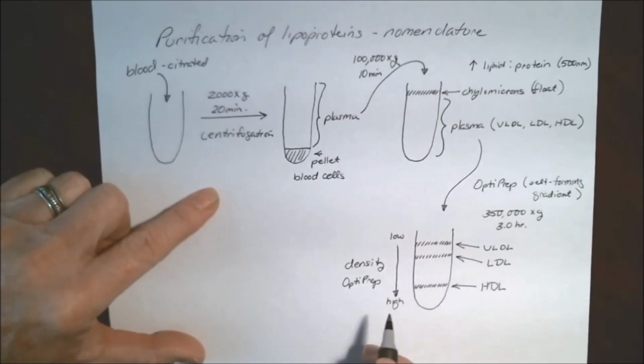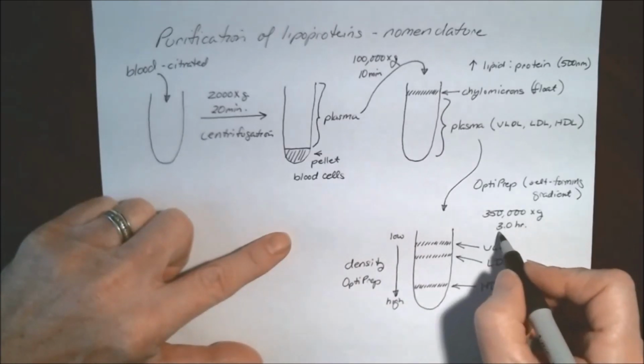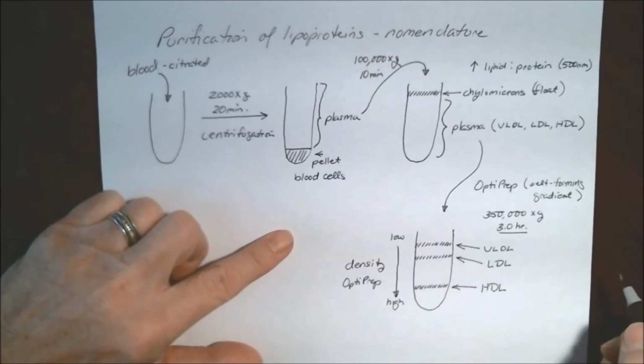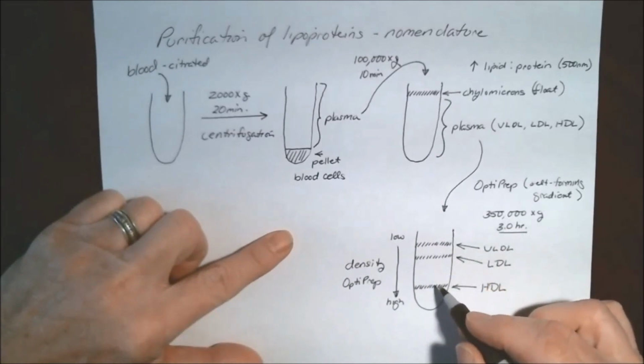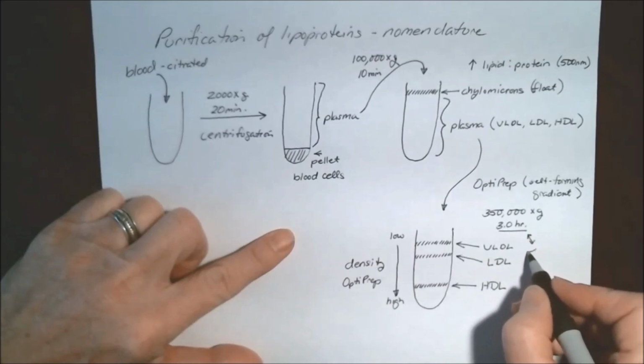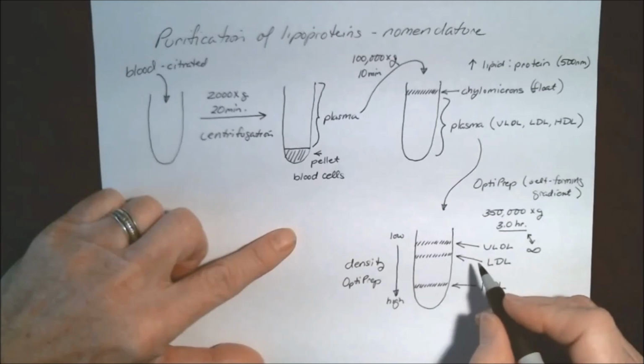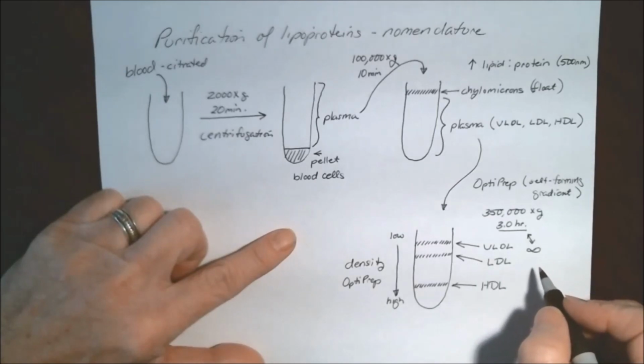And it will remain there. Now the nice thing about this self-forming gradient is that it takes a minimum of 3 hours to form the gradient, but you can technically centrifuge this sample indefinitely, and the gradient will not change.